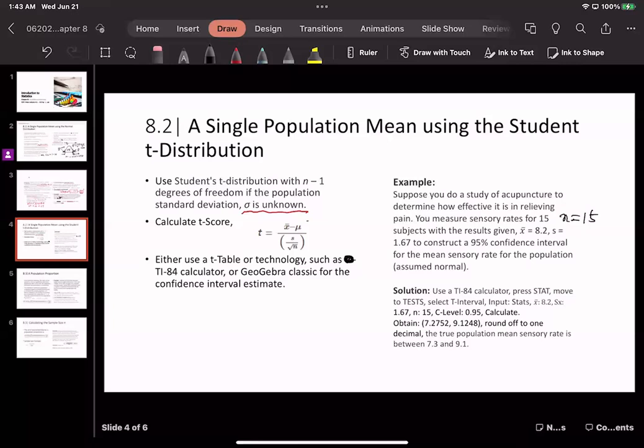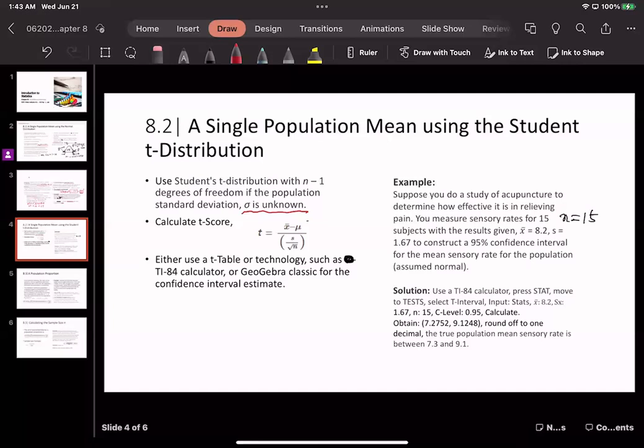With the results given, x bar, the sample mean, 8.2, and sample standard deviation 1.67, construct a 95% confidence interval for the mean sensory rate of the population. We assume the population is normal.